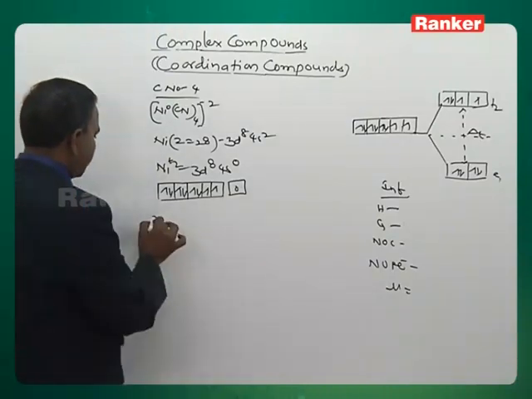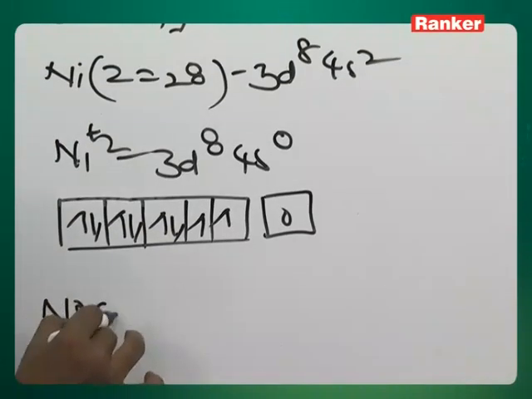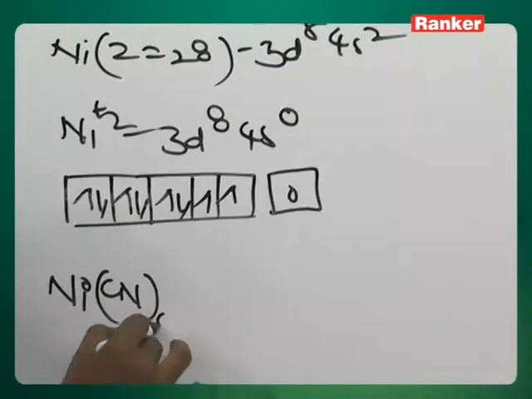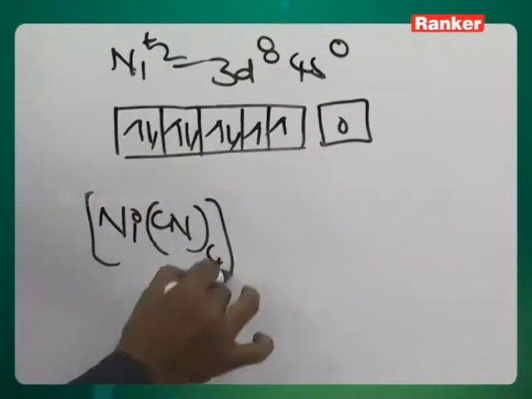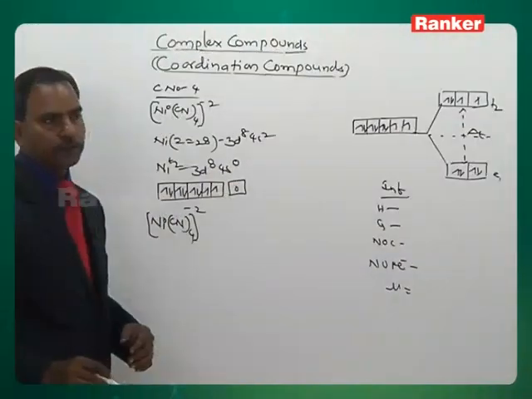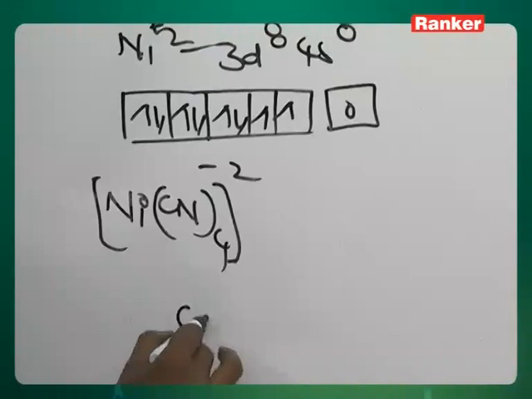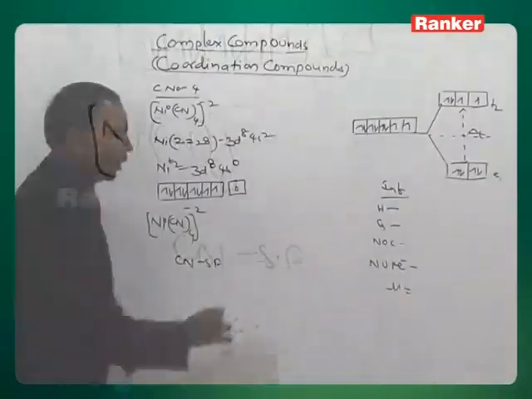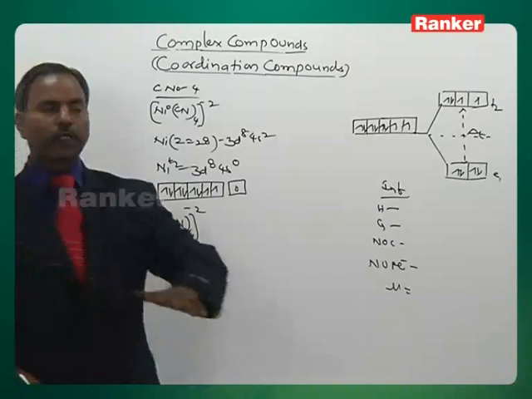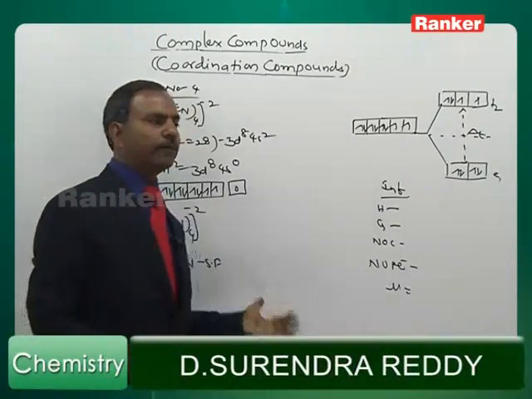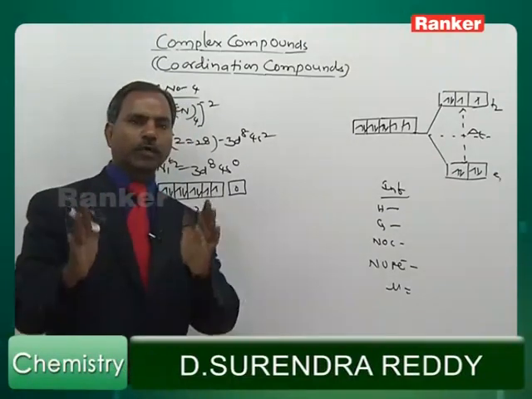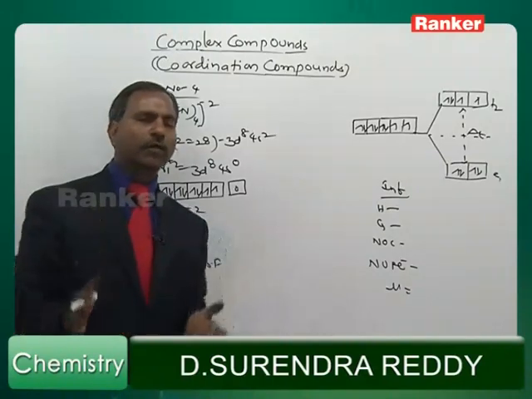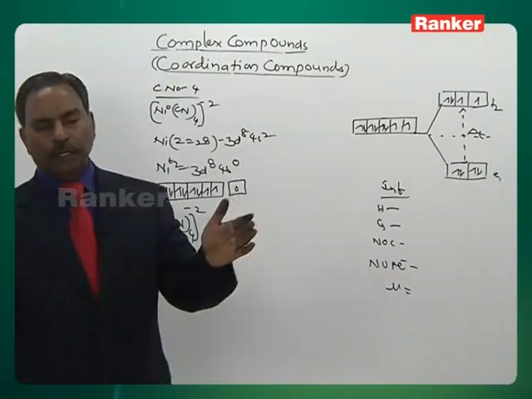Let me take again the complex nickel CN taken 4 times, minus 2. See here, CN is what? A strong field ligand. Yes, well known to you. According to the spectrochemical series, this cyanide ligand is classified as a strong field ligand. Now, in the presence of a strong field ligand, what happens? The electrons get paired.